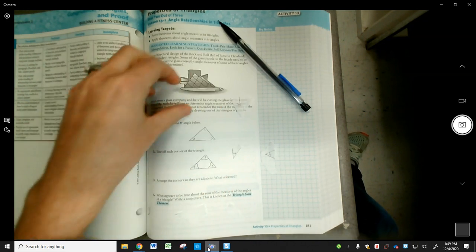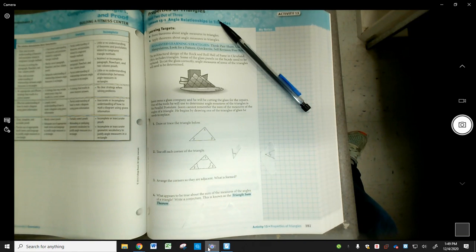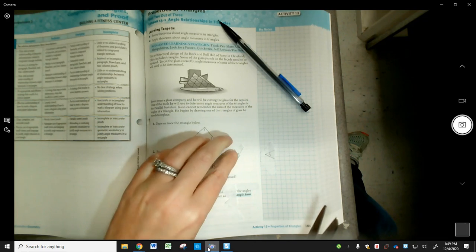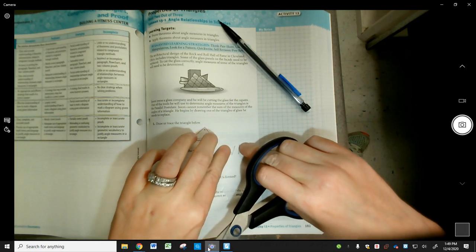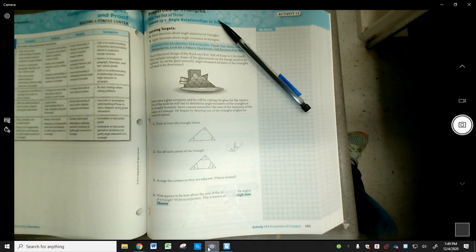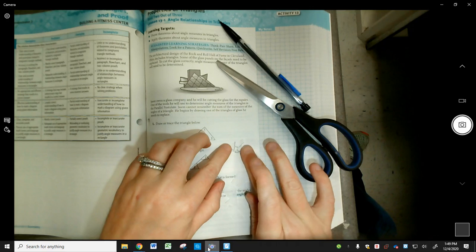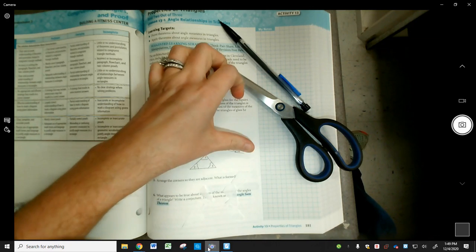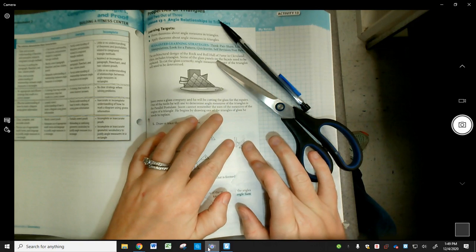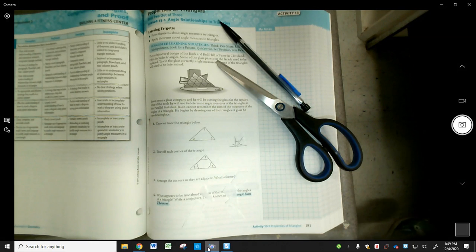So there's one. I'm going to use the actual angles. There's another one, to make it a little bit more obvious what you would see, because it makes it difficult when you've got all those pieces that are overlapping. So maybe you see something now. Maybe not.